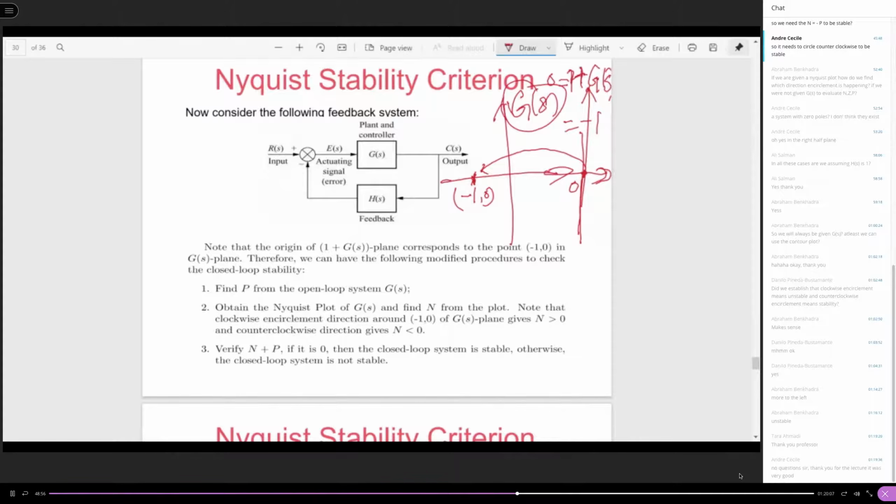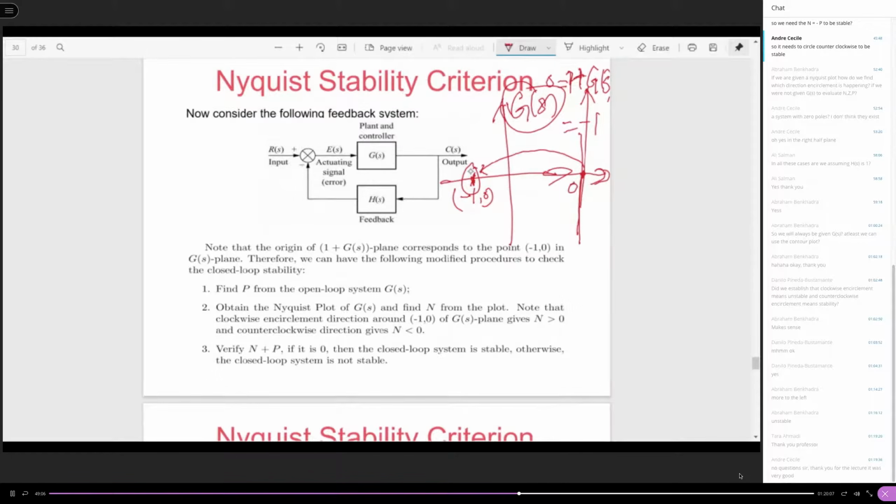So this point, from now on, you should keep in your deep mind. It is going to be very, very important. Whenever we evaluate encirclement, it's around the -1, 0 point.